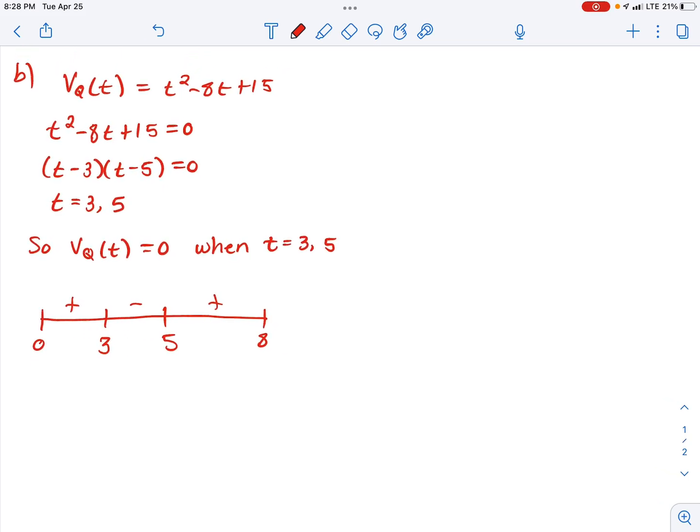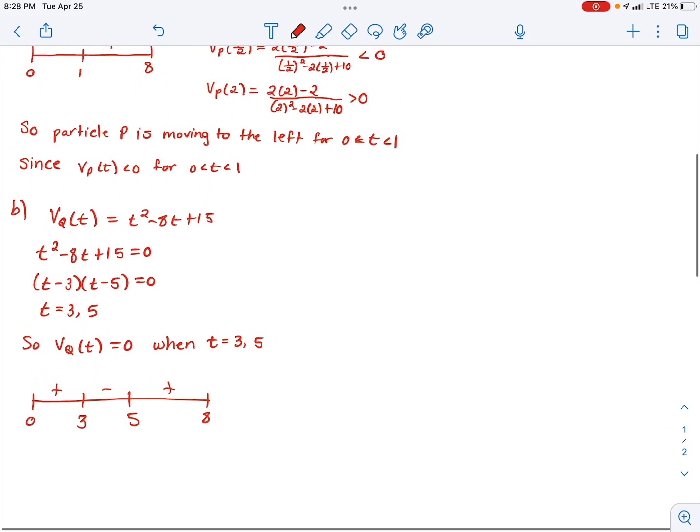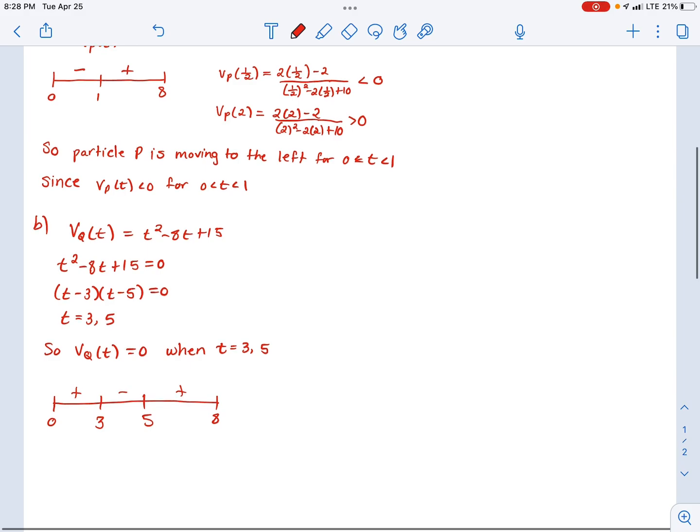So we want to see where this overlaps. Kind of going back to this other number line here, let's see, when does it look like they have the same direction? It looks like they're moving in the same direction from 1 to 3, and then from 5 to 8.